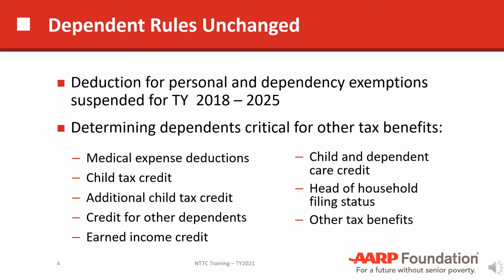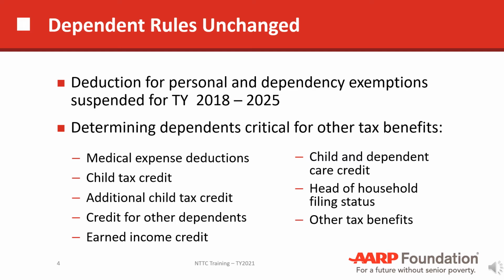Prior to 2018, taxpayers were allowed to take a $3,000 deduction for each one of their dependents. And so beginning in 2018 and ending in 2025, there is no longer a $3,000 deduction for each dependent. However, one might ask, okay, if the $3,000 exemption went away for dependents, then why even have dependents?